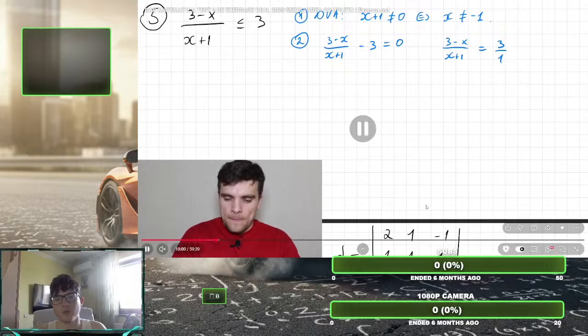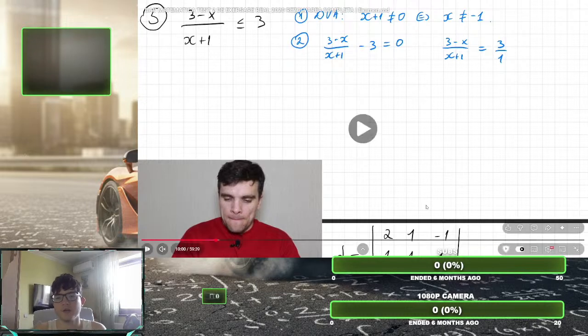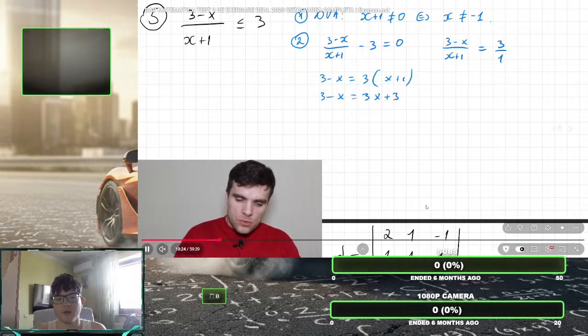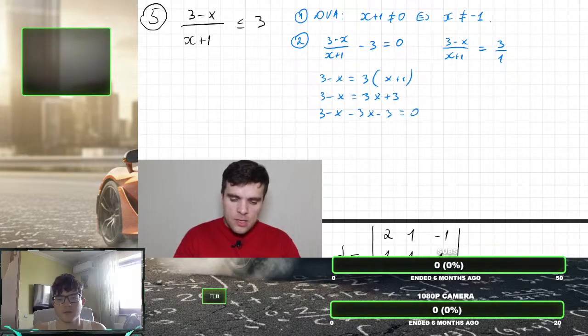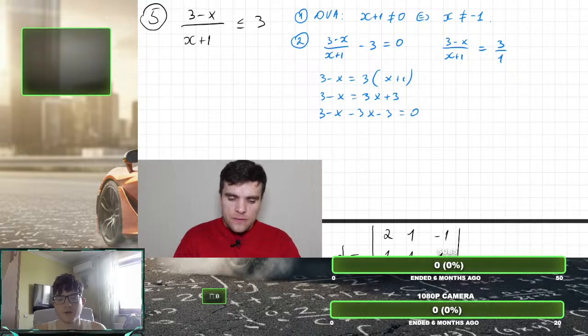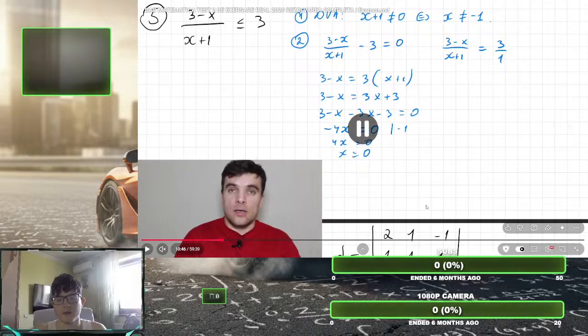And we can move that to the right also, and we can crisscross multiply, right? And we're gonna have this, and so that's minus 4x equal to 0, and 4x is equal to 0, so x is 0.